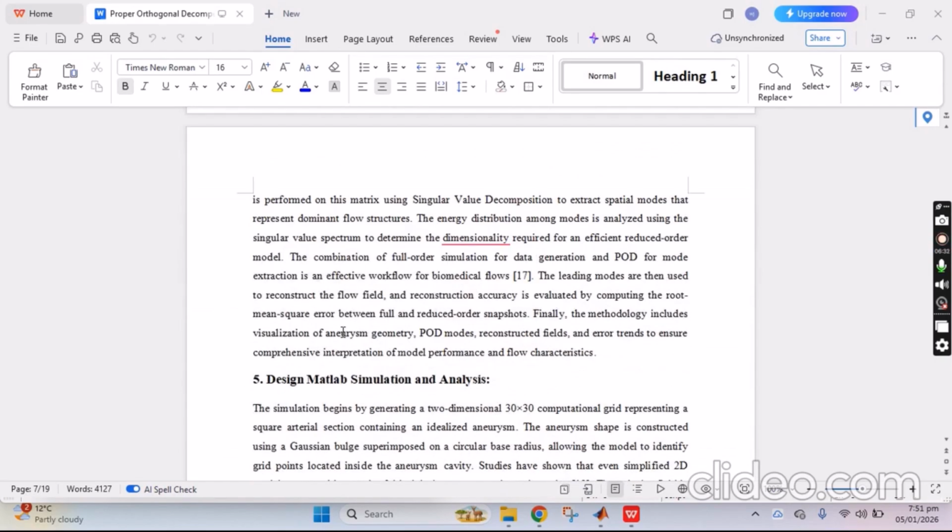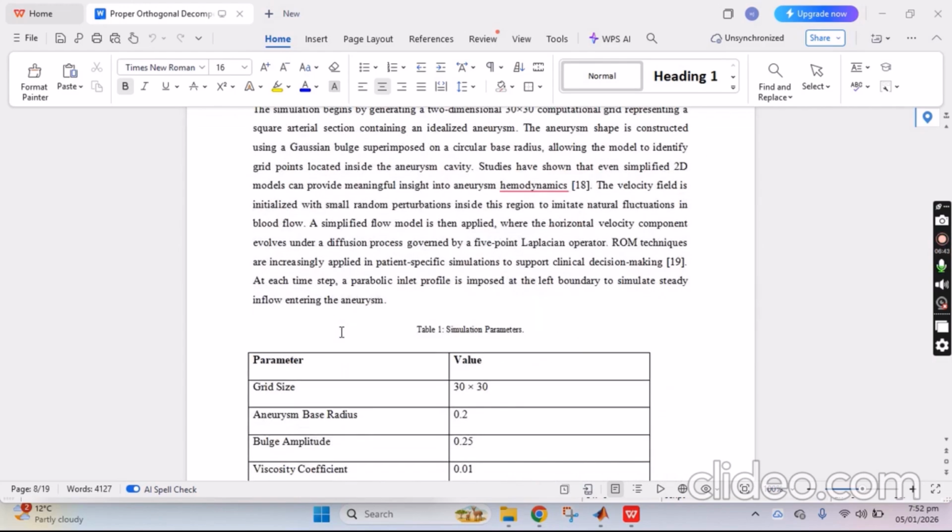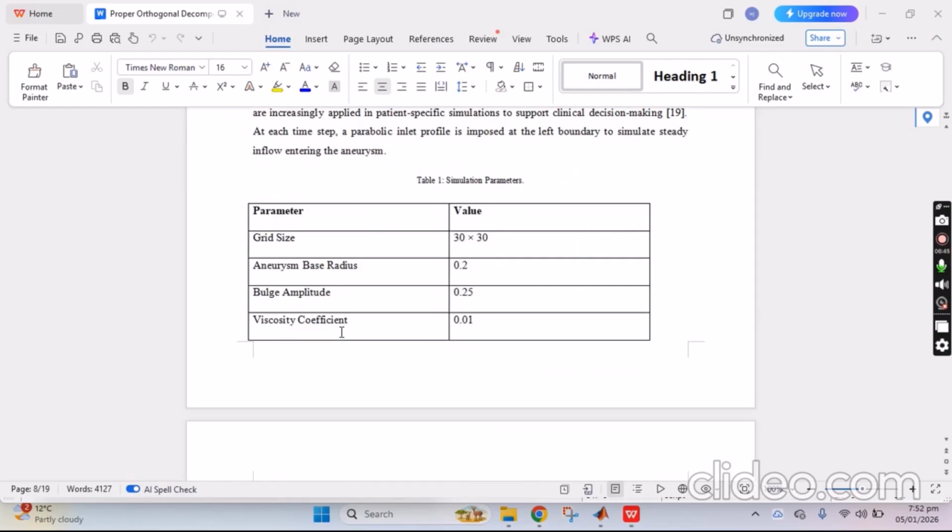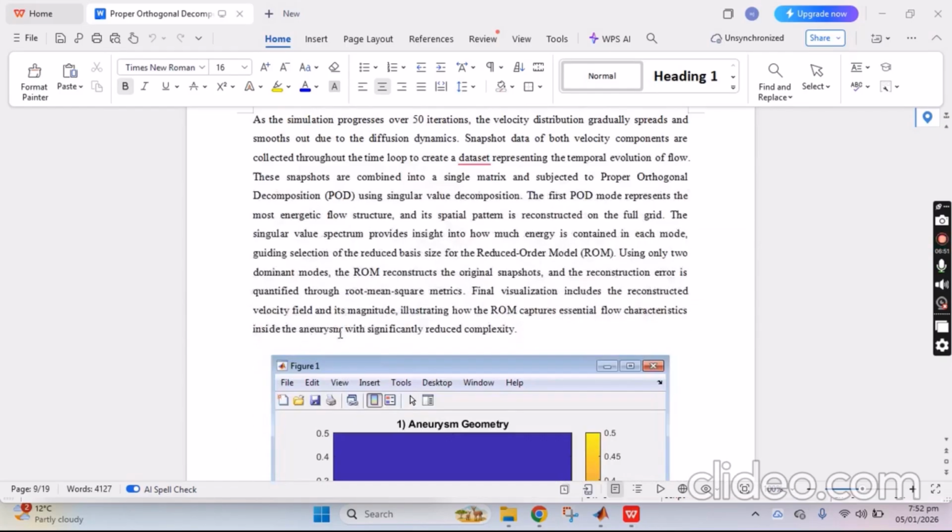The methodology contains the complete flow, showing how POD mode extraction is an effective workflow for biomedical flows. For the design of the MATLAB simulation, these are the parameters I have used: grid size, aneurysm base radius, bulge amplitude, and viscosity coefficient.